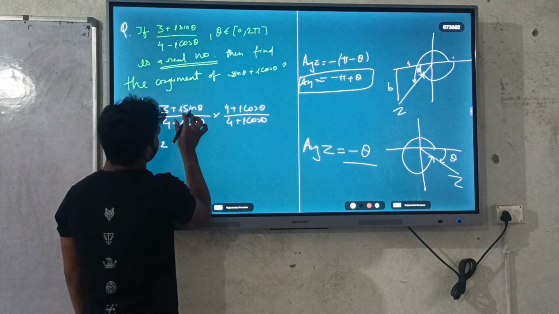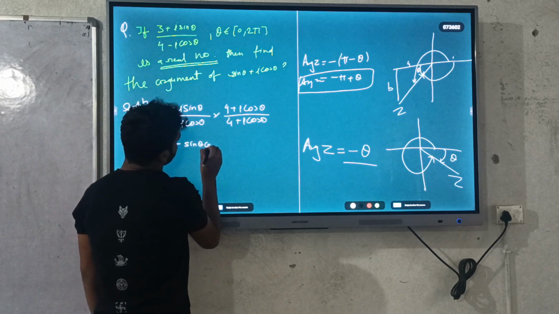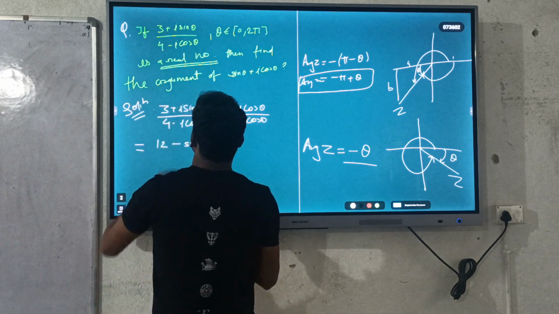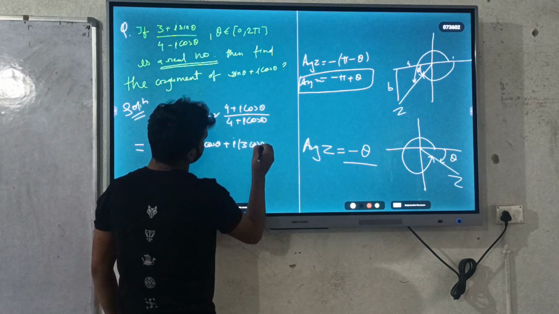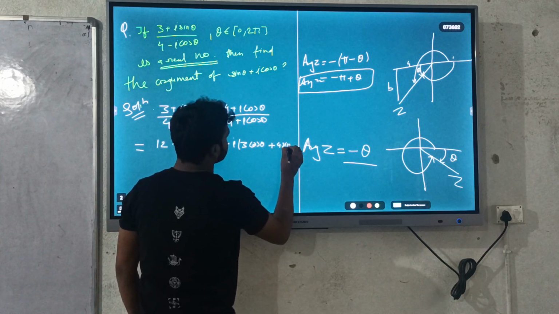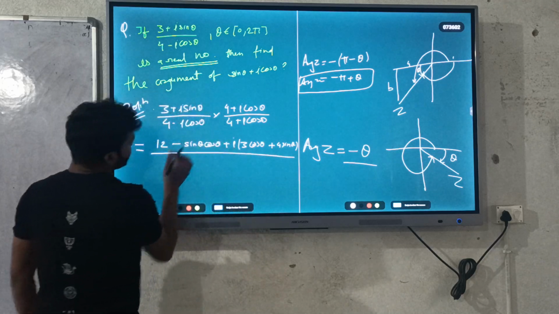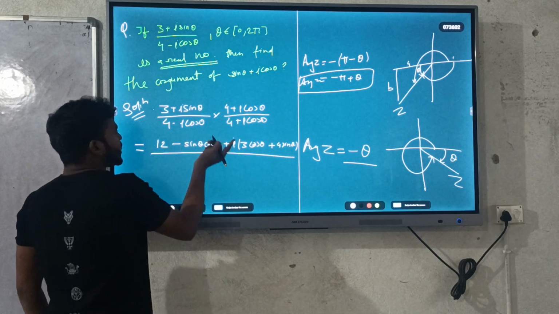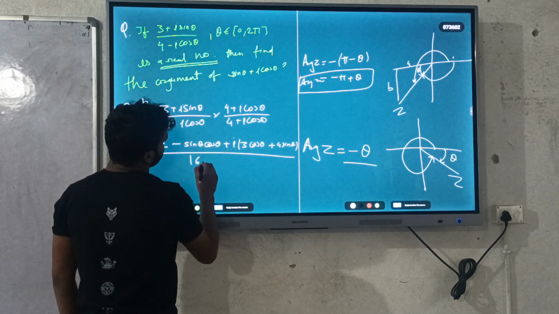This becomes i squared, that is minus 1. So it becomes sin theta cos theta, and then for the complex part we get 3 cos theta, and for this we get 4 sin theta. That is a normal multiplication. Now in the a minus b, a plus b form, a square minus b square, i square becomes 1 as we saw previously, so this becomes 16 and this becomes cos square theta.